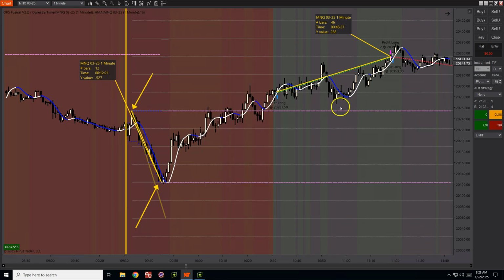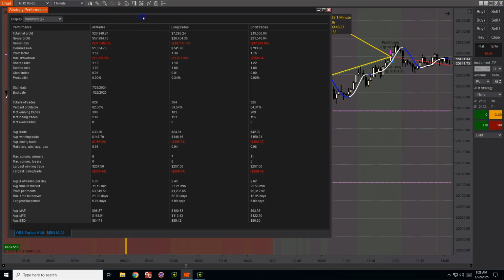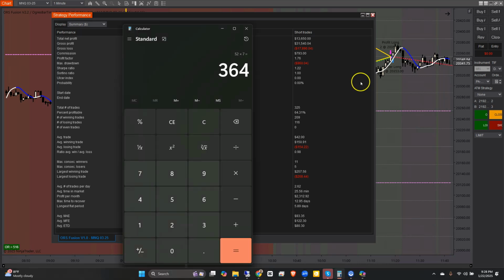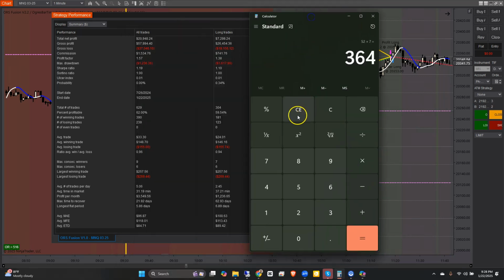So let's look at real-time and historical. So this is with 2 micros. And you don't even need to use 2 micros. And honestly, some days are going to be 2 micros, some days are going to be 1, some days might be 4. So in thinking about things that way, you can take the number of winning trades, 390, minus the losing trades of 239.